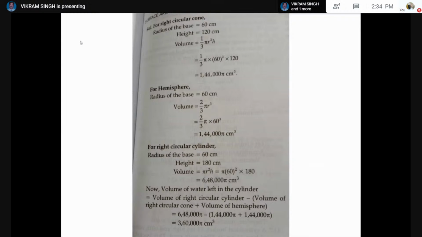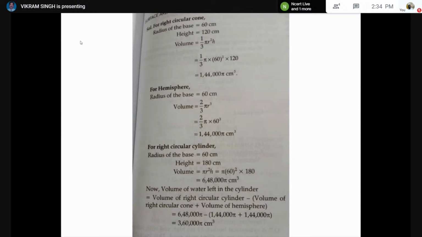Similarly, for the hemisphere portion, the radius of the base is 60. Its volume will be 2 by 3 pi r cube. Again 2 by 3 pi, and r is 60. So it becomes again 144,000 pi centimeter cube.